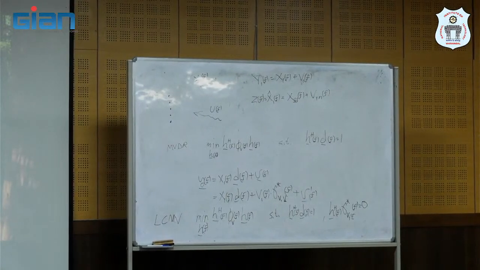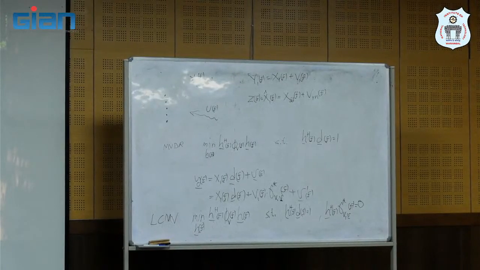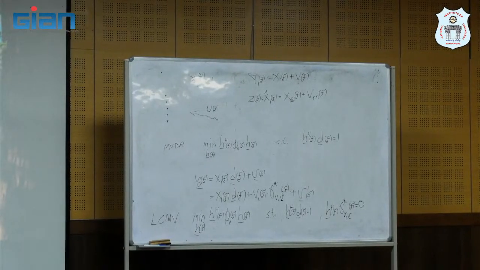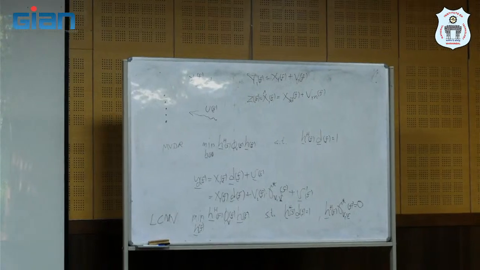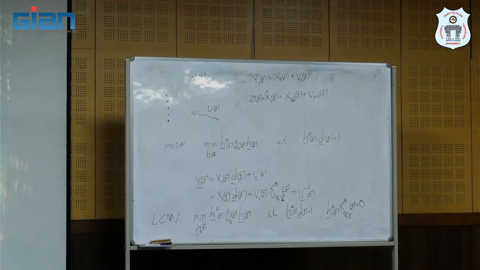So this question, we can put it on the quiz. Actually, it's a very nice question. I can tell you that I met people that work sometimes a few years on array signal processing, and they don't understand this difference between LCMV and MVDR.